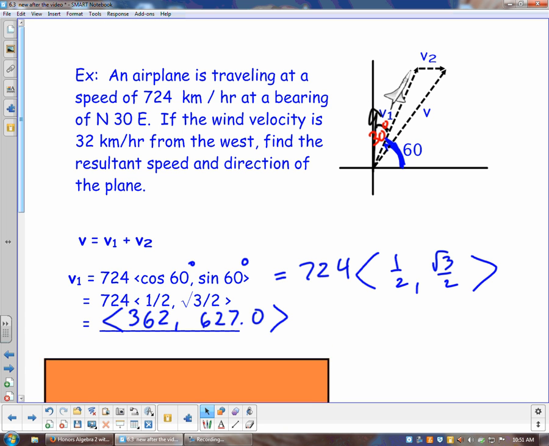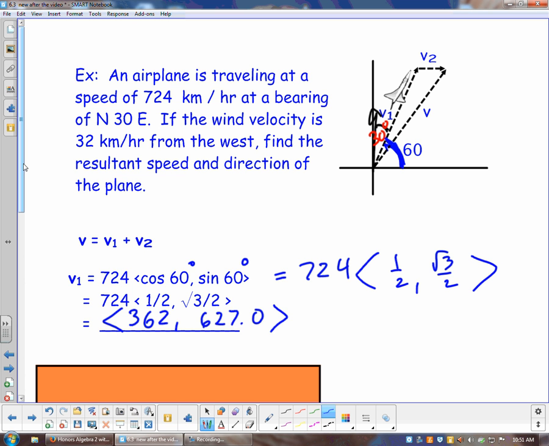At this point, let's talk about vector V2, the wind vector. I've got it drawn up here, but let's actually picture if we had put it down here, right? It's going from 0, 0 to what? 32, comma, 0, right? Because that's the magnitude of that vector. And so how would I write that vector in component form?